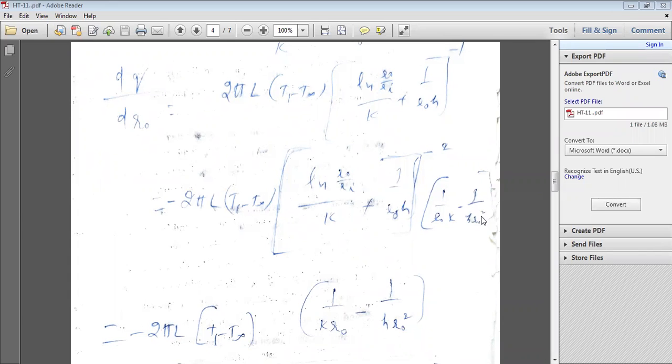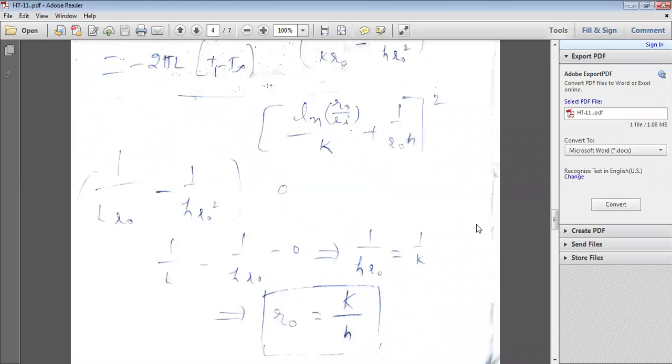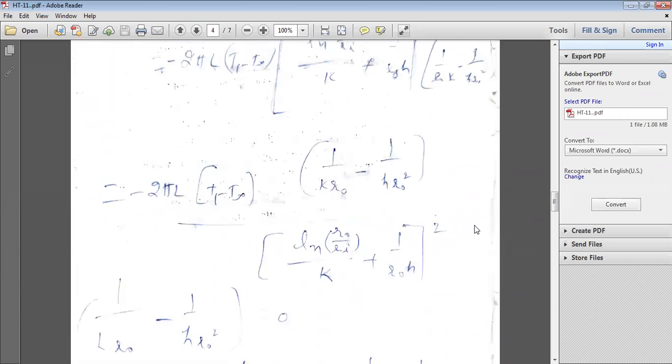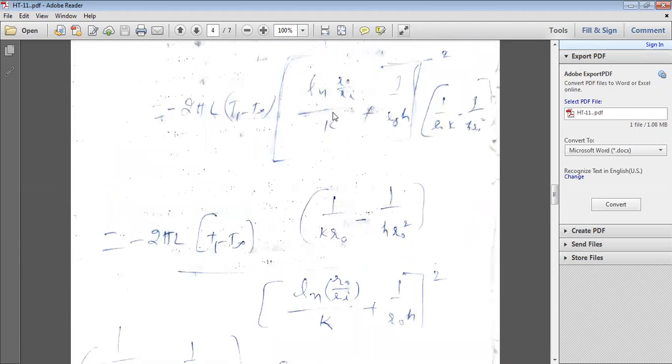Taking that to the bottom, minus 1 by H Ro square. So this is the differentiation of Q with respect to Ro.